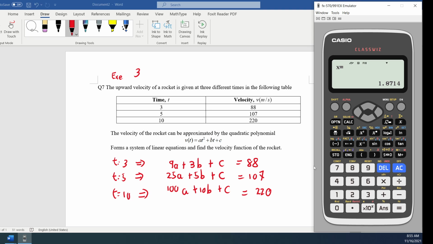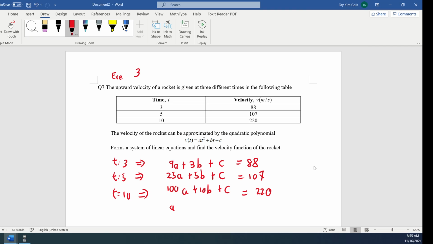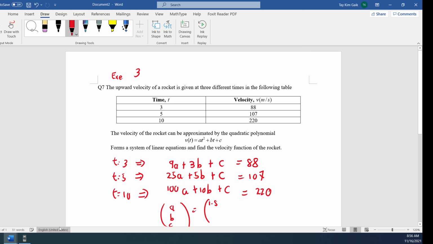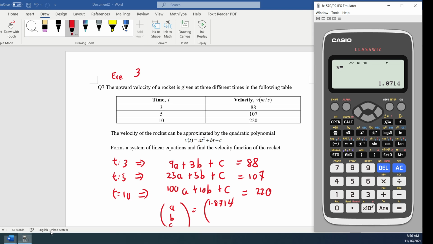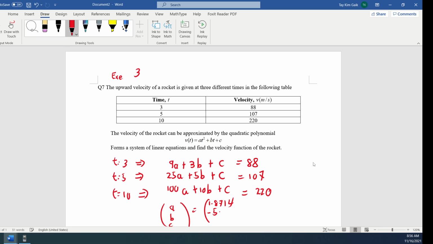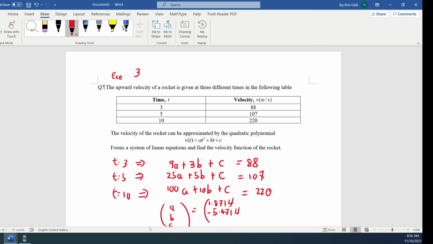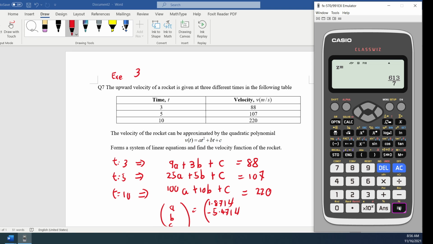If you convert to floating point, you have the vector a, b, c. x is a, 1.8714. y is b, negative 5.4714. z is c, 87.5714.